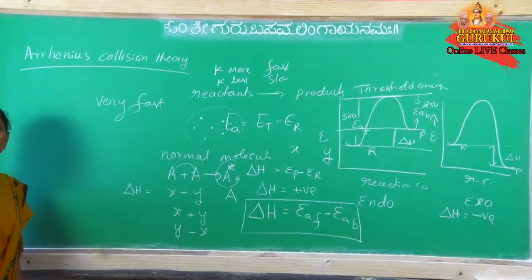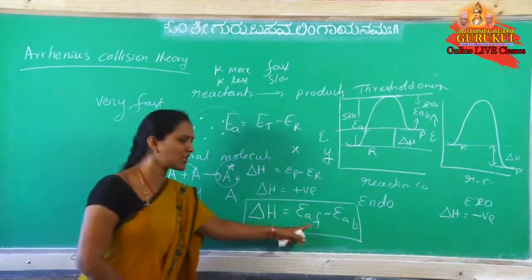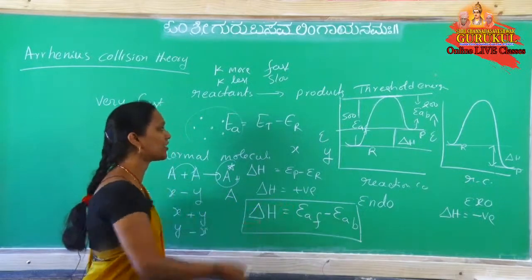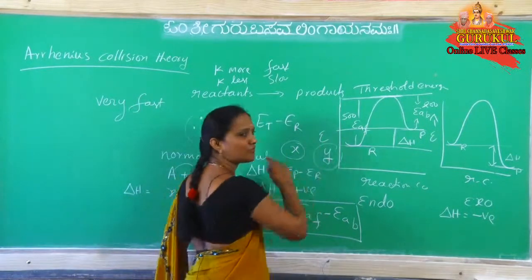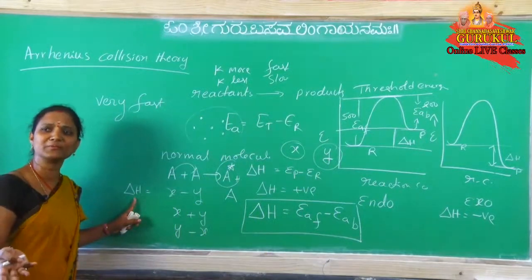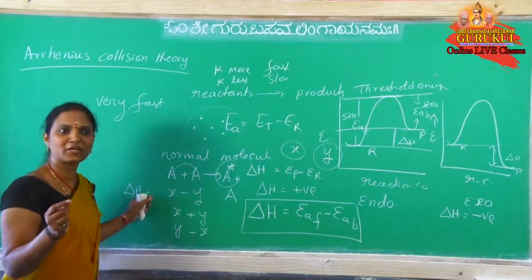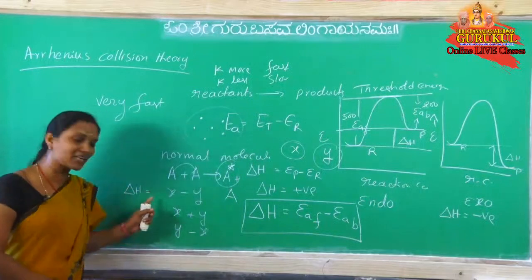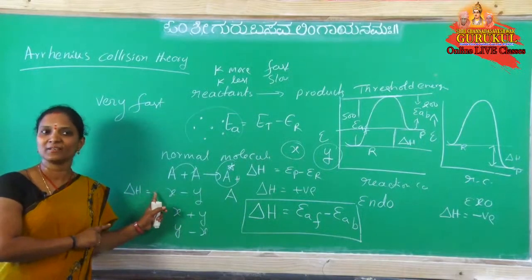What do we have to take? The formula is activation energy of forward minus activation energy of backward: forward minus backward, forward is X, backward is Y, so X minus Y. Finally, delta H will be negative or positive, again we should observe the question. The question is about an exothermic reaction, so definitely this is negative.